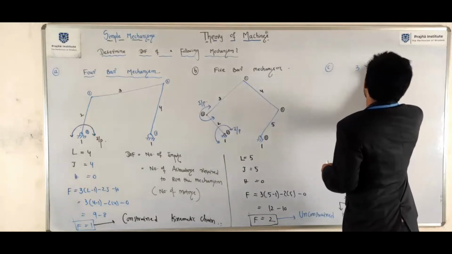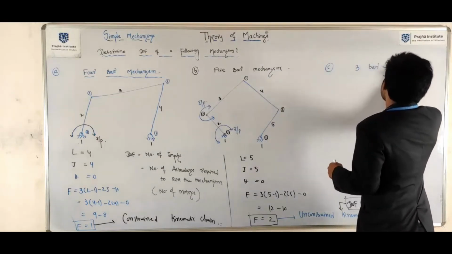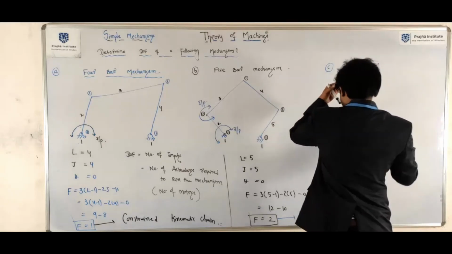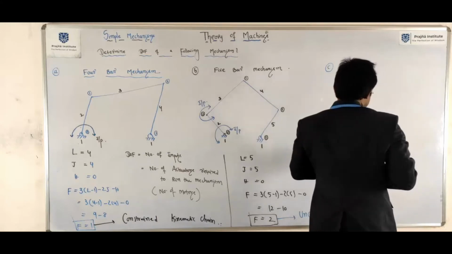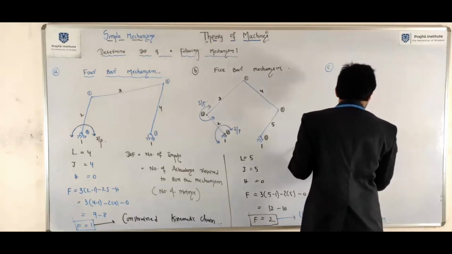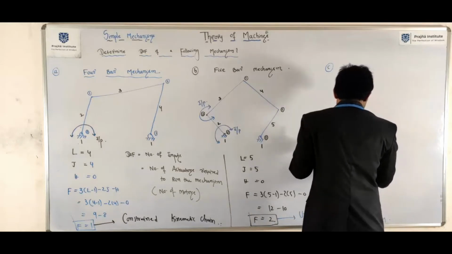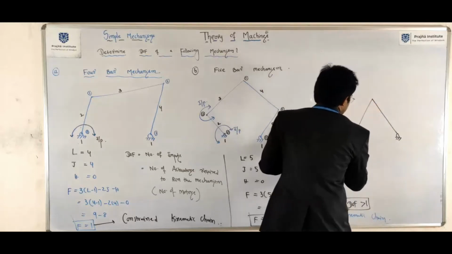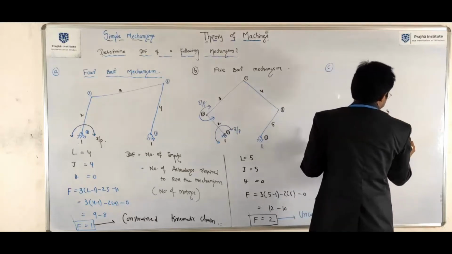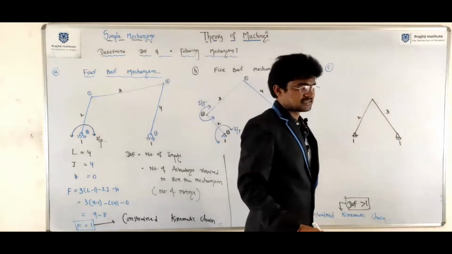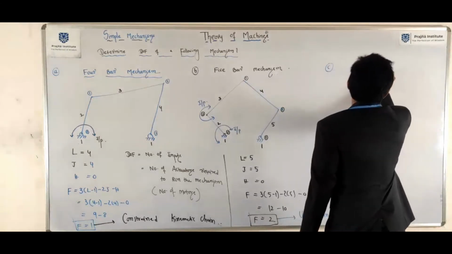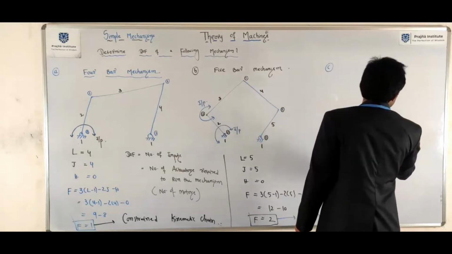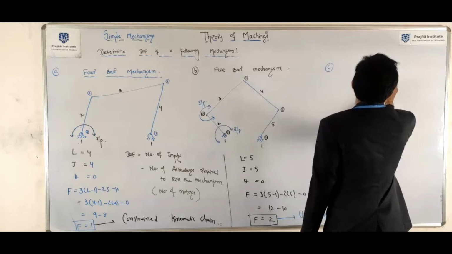Next, the 3-bar chain. See here, a 3-bar mechanism, not really a mechanism, it is actually a structure. 1, 2, 3, it has 3 bars. Total number of links equals 3, J equals 3, H equals 0.